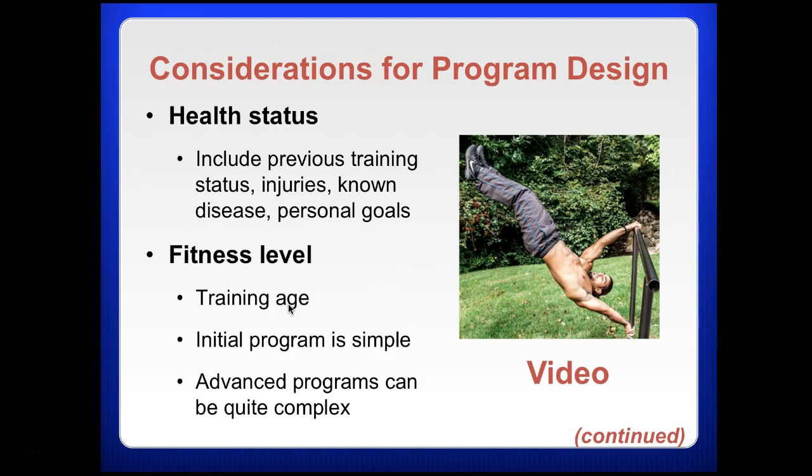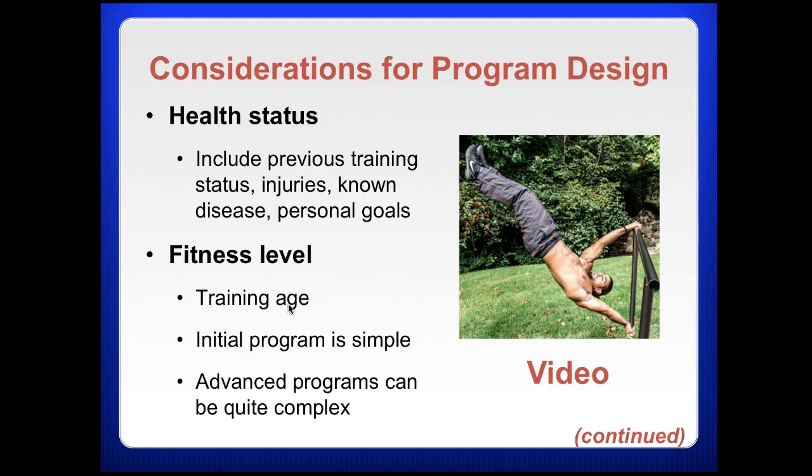We also want to know what their fitness level is. There's something called a training age. Basically, how long have they been training? We know that a 32-year-old that has 5 years of resistance training experience is not going to have or achieve the same strength as someone who is 25 years old with no experience in resistance training.